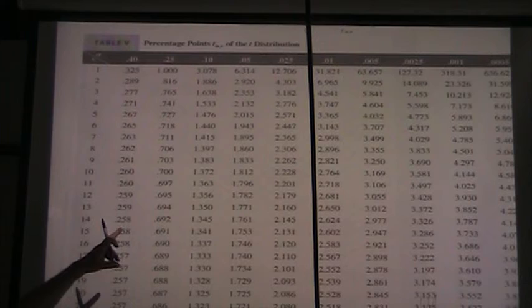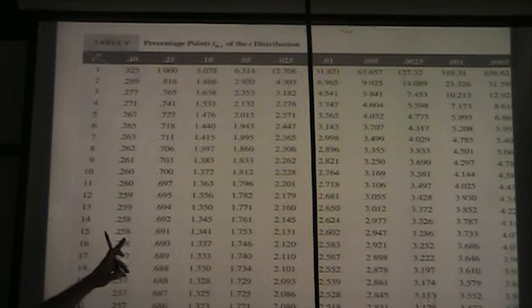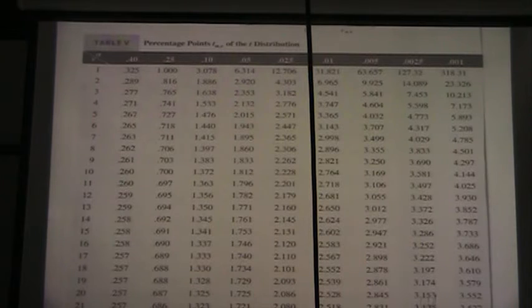You can see over there on the right-hand side, the second column from the right is the 0.001. All right, so I put my piece of paper down there.